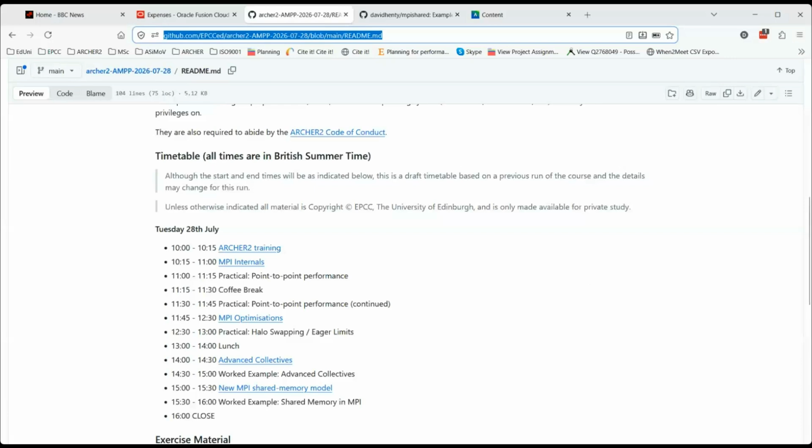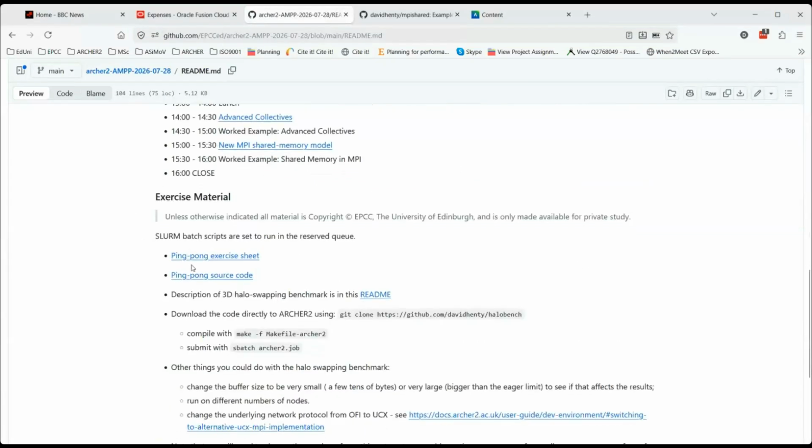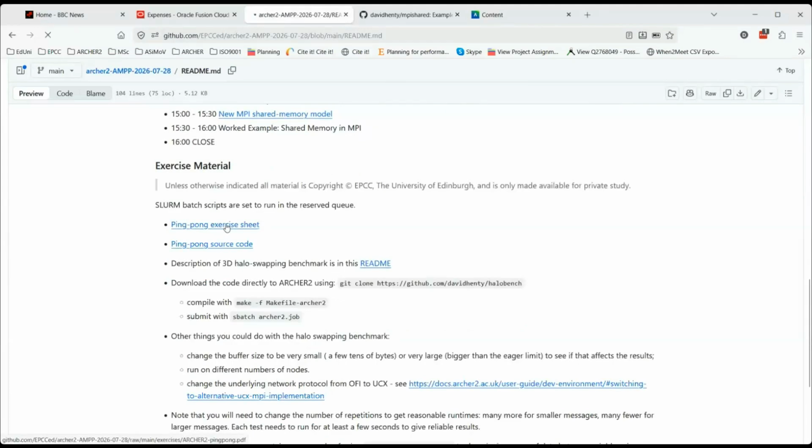So if we go to the, yep, trying to juggle too many windows here, I'm not doing very well. So that's the MPI course. I have a ping pong exercise sheet. I'm going to have to now share.